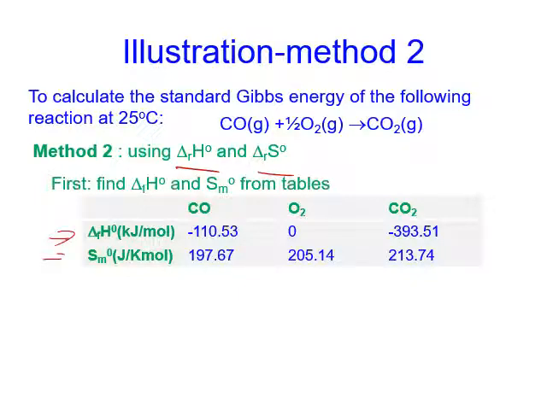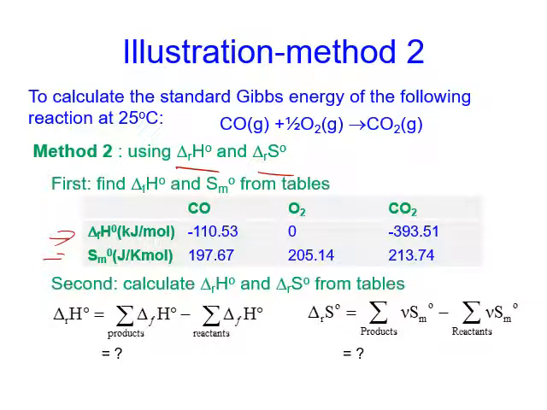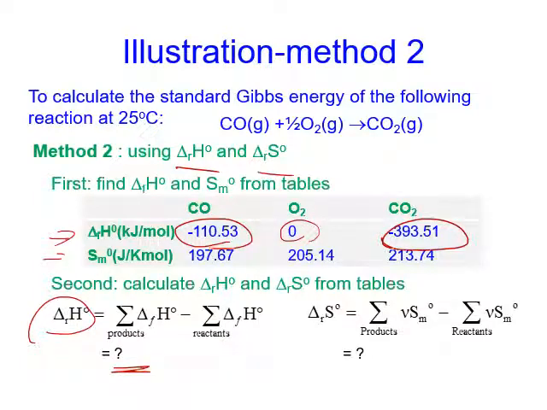We calculate the standard enthalpy of reaction by the formation enthalpy of the product, which is CO2, minus CO. Note that oxygen is 0 for formation, and that will give you the standard enthalpy of reaction.